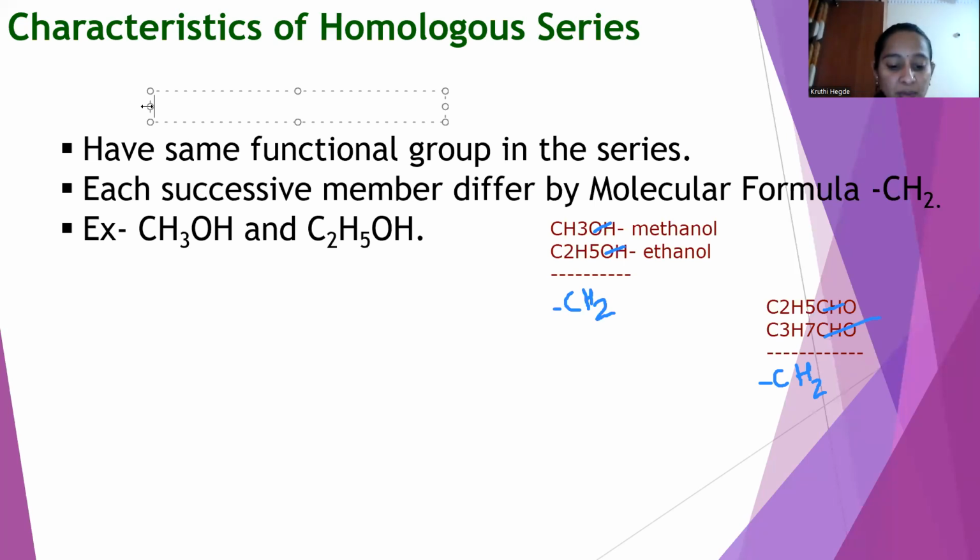I'm writing a homologous series: CH4, C2H6, C3H8. Okay, so this is one homologous series.